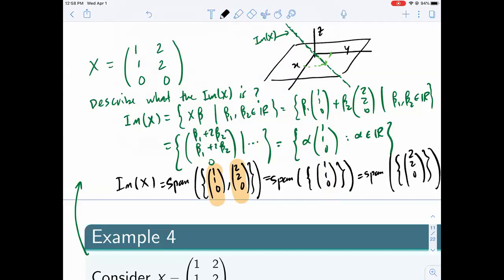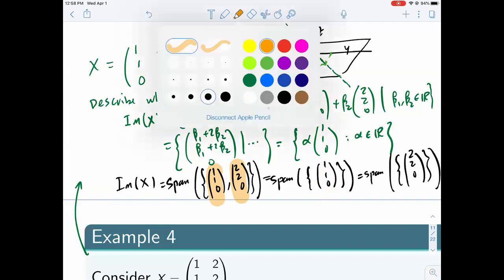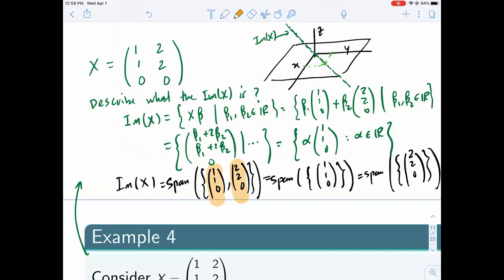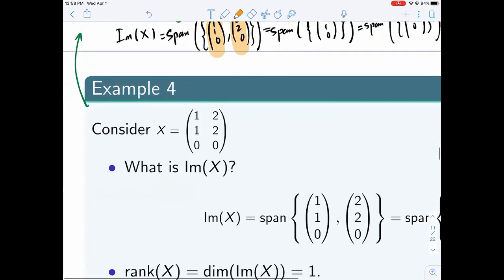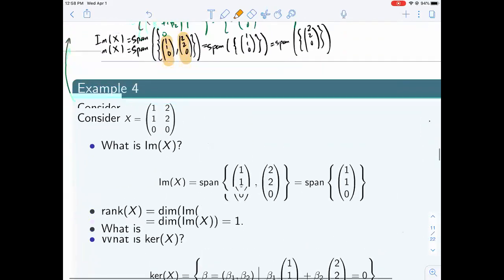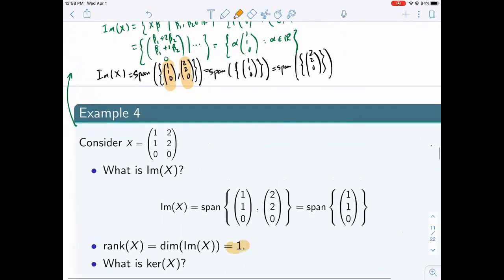Now what is the dimension of this space? Anyone? Yes, the dimension is 1. And what is the rank of X? 1, right? Everyone is okay with this? The rank is the dimension of the image.